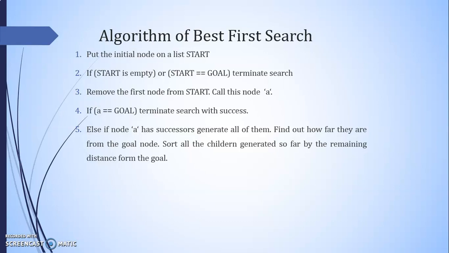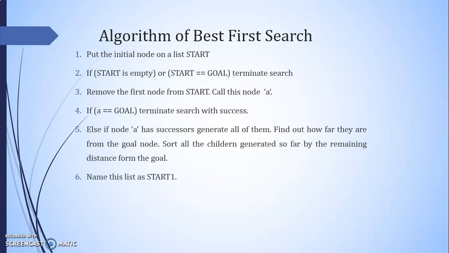If it is not, then A has successors, so generate all of them. Then find out how far they are from the goal node. Compare with the goal node how far they are, and sort all the children generated so far by their remaining distance from the goal node.